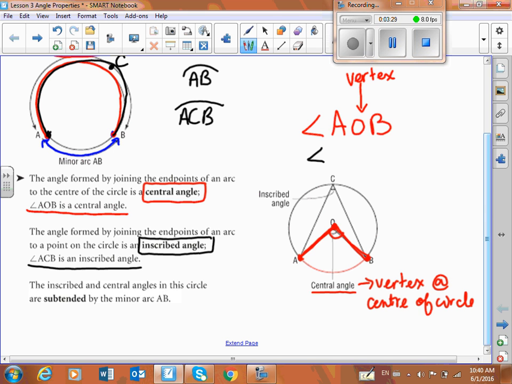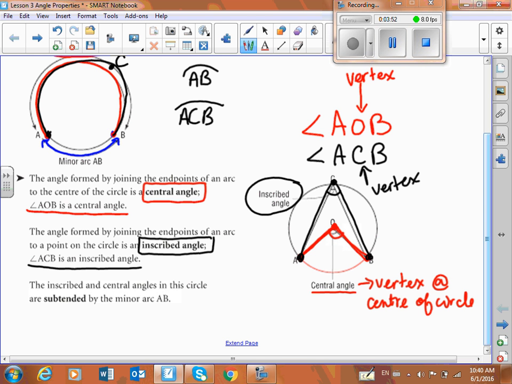So again, here's our directions. C is going to be our vertex. So we have angle ACB. Put my pen on A, go to C, go to B. This is an inscribed angle. So its vertex is on the outside edge of the circle.